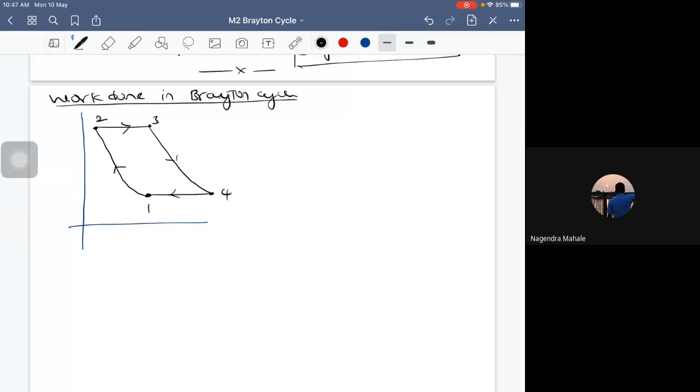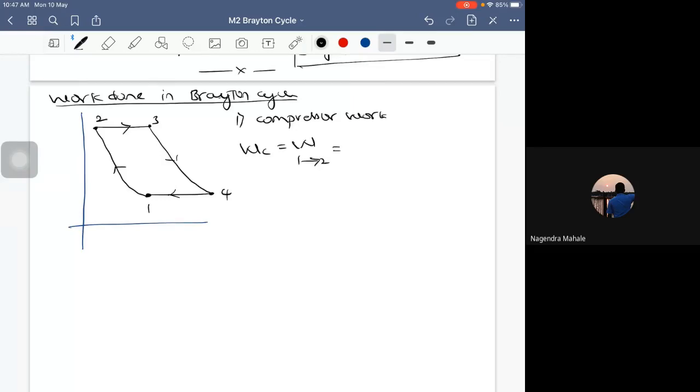Okay. Now, there are 2 major works. One is the compressor, where you compress the things, and there is a turbine where you expand the things. Number 1 is the compressor work, which is represented as WC, or it is given as W1 to 2.